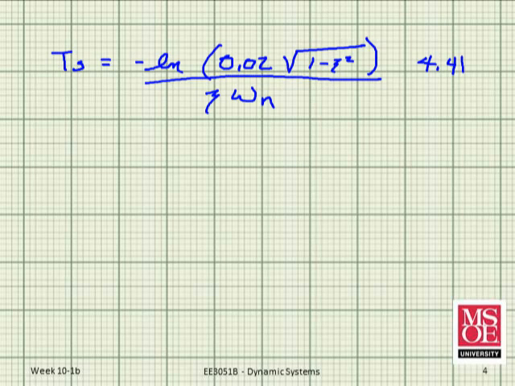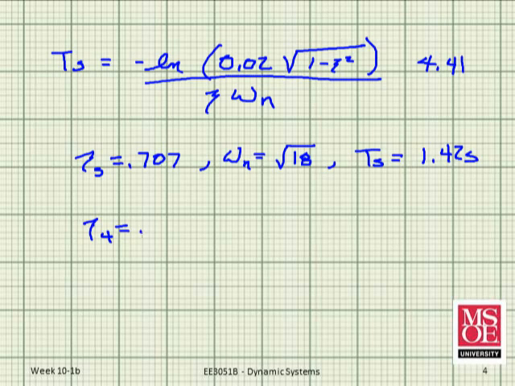Looking at the two systems again, zeta 3 was equal to 0.707, and omega natural, the undamped resonant frequency, was equal to the square root of 18. We obtain a settling time from this equation equal to 1.42 seconds. For the fourth system, the damping ratio is 0.164, and the natural undamped resonant frequency is equal to the square root of 37.